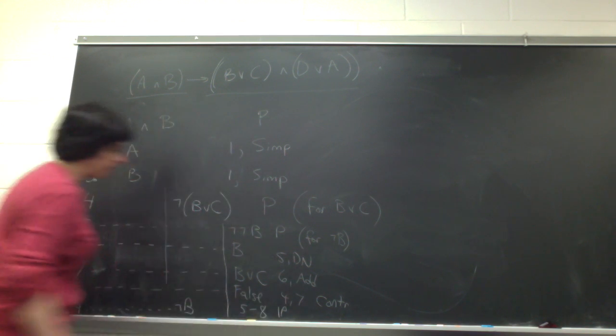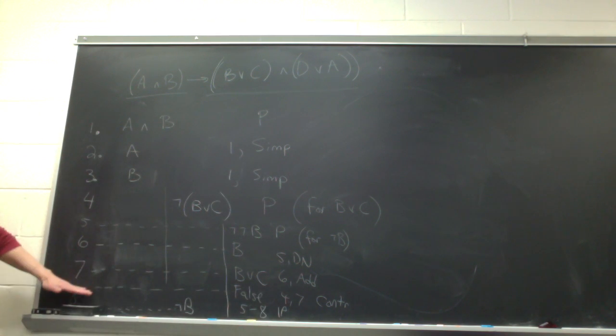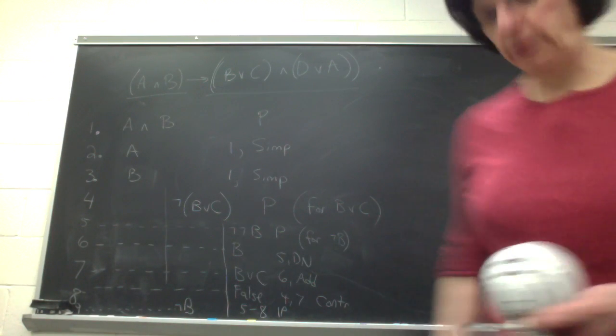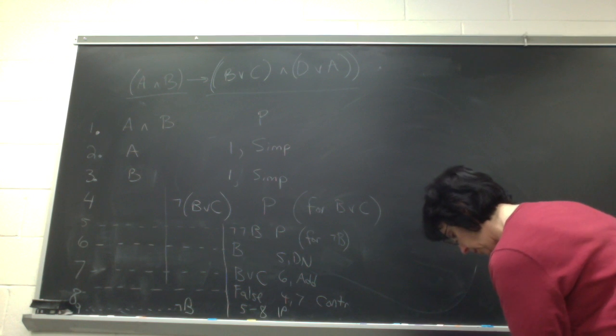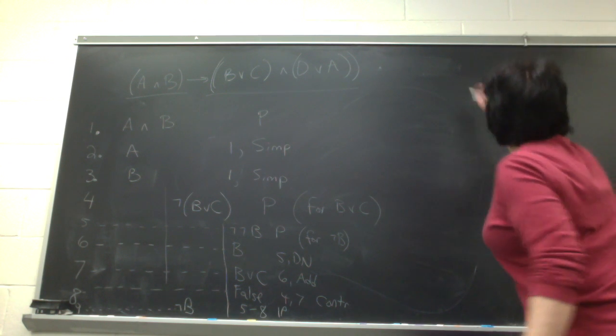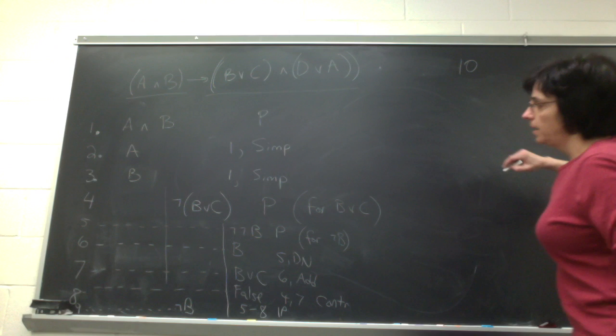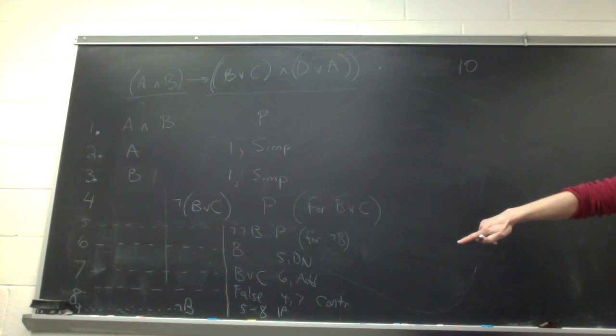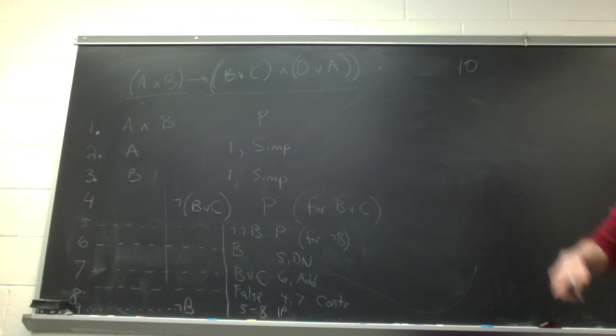Now, here's the interesting thing, right? Lines 5 through 8 have now been discharged. I can't use anything that's in there, right? But if I go to line 10 now, I need to move my microphone, which is probably not doing all that anyway, but we'll see. If I move to line 10 and I'm still indented, I've got not B on line 9 and I've got B on line 3.